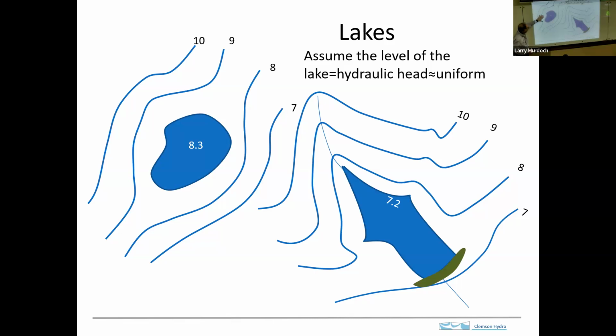So in general, we just ignore the lake, we have flow going in that direction. So we can then infer that this whole surface here is at a head of 8.3. So the boundary of the lake would be like a contour at 8.3.